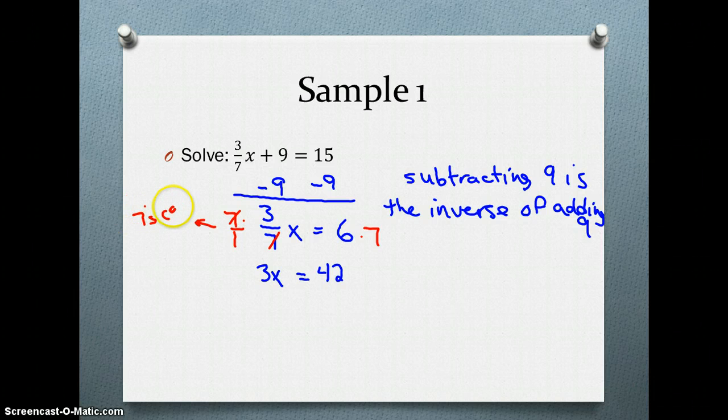The 7s cancel there. Our last step, we have 3 times x equals 42. Well, the inverse of multiplication is division. So we're going to divide both sides by 3. I get x is equal to 14.